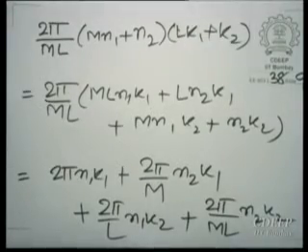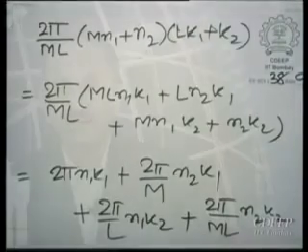And we substitute this expansion back in the exponential. So what we want is really e raised to the power minus j times this.